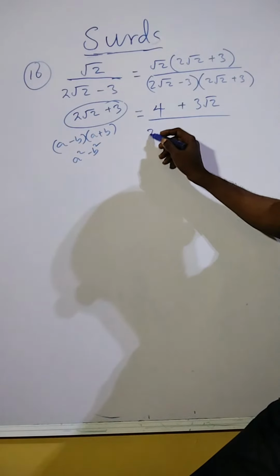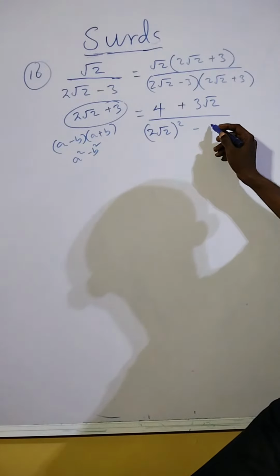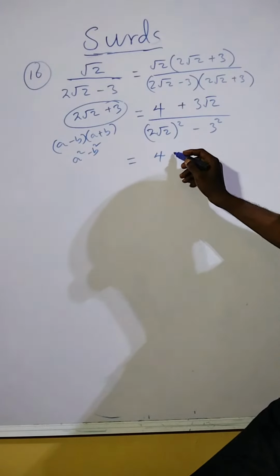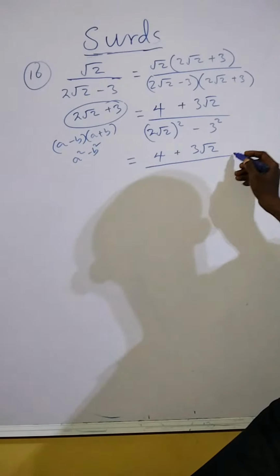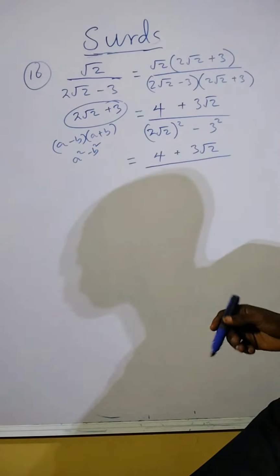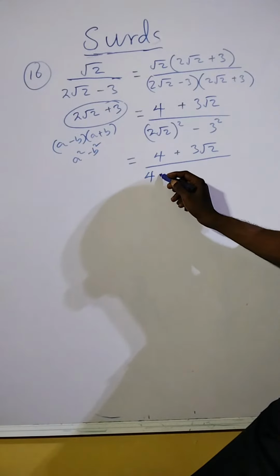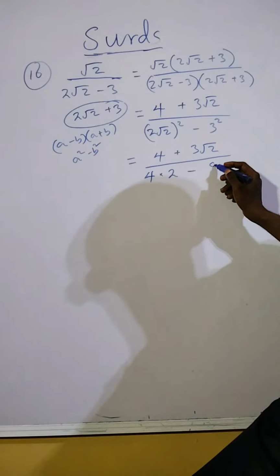This a here is 2 root 2. That's 2 root 2 square minus 3 square. Here we have 4 plus 3 root 2 over this square affects 2. That's 4, 2 square is 4. Then times root 2 square, that's 2, minus 3 square, 9.